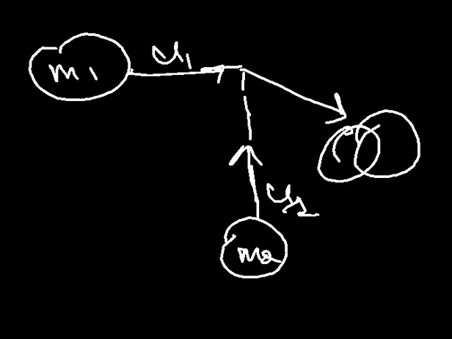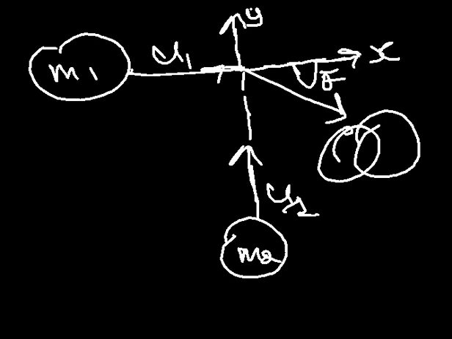Let's say this is the final velocity. So how can we analyze this case? We're going to have the two-dimensional Cartesian plane, with this the y-axis and this the x-axis.